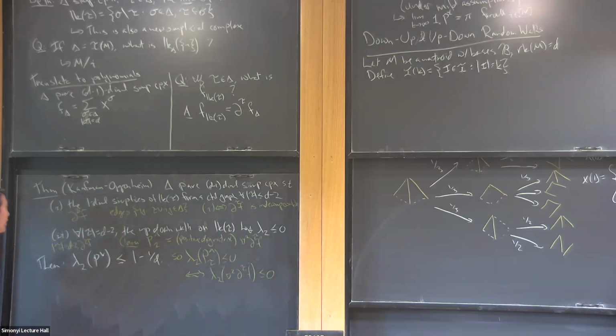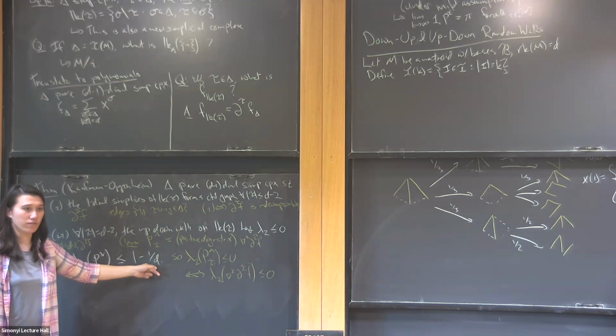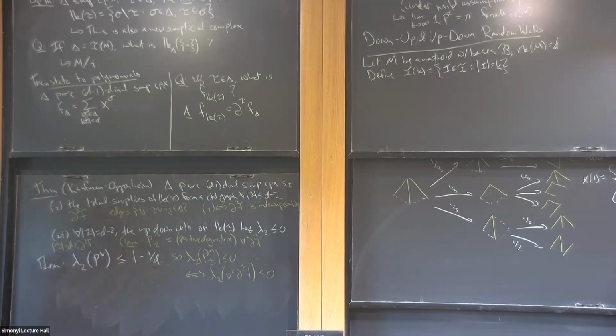So the punchline is that the conditions for this theorem that implies fast mixing, so bounding lambda 2 away from 1, are exactly the same as this generating polynomial being completely log-concave.